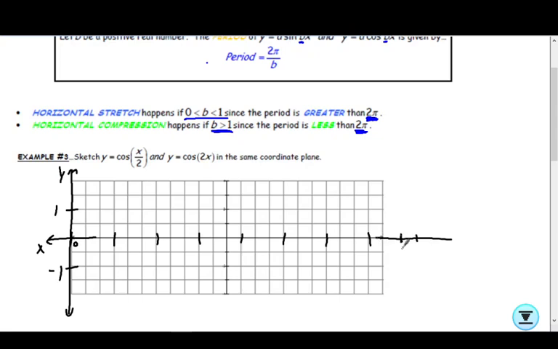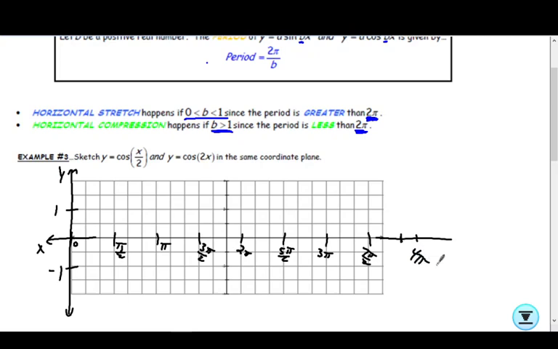Each one of these will be pi over 2. So that's pi over 2, this is pi, this is 3 pi over 2, this is 2 pi, this is 5 pi over 2, 3 pi, 7 pi over 2, and this is 4 pi.